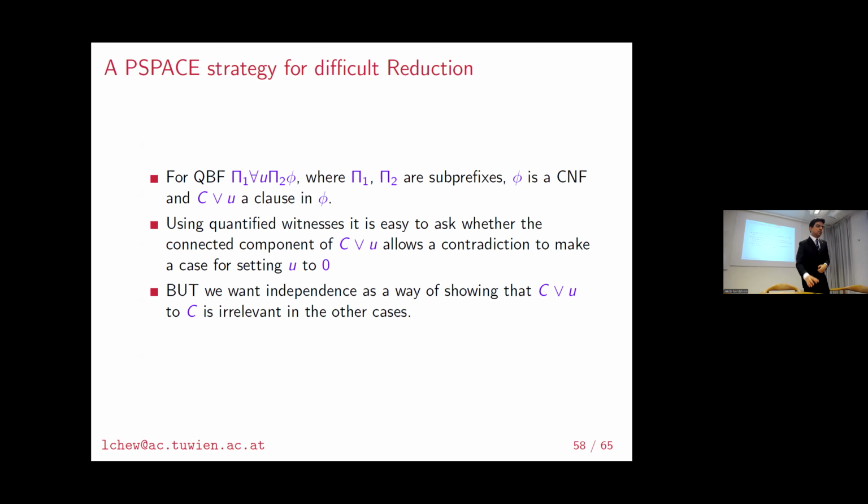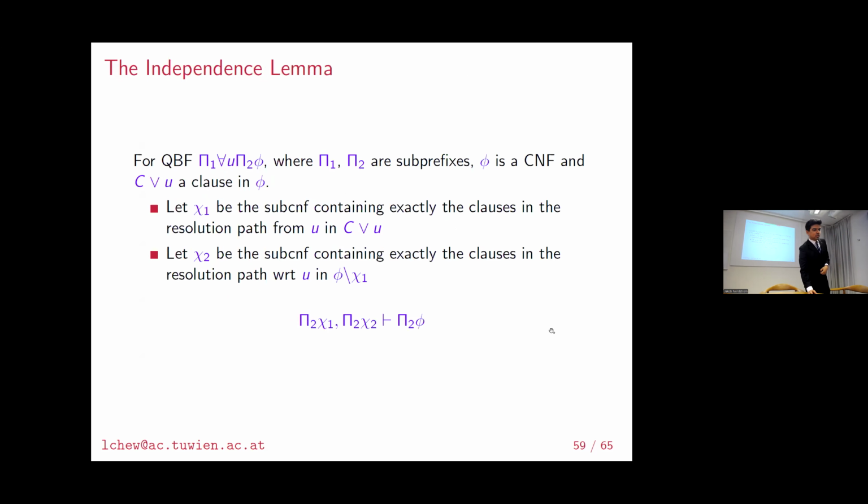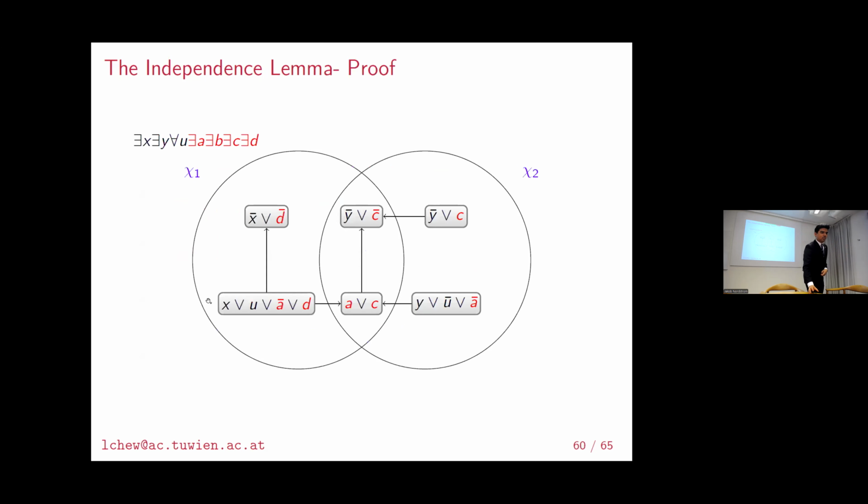But we want some sort of independence as a way of showing that this CU is irrelevant to all the other cases of U, where we set it to true. We're then going to prove this particular sequent, which is just like the reverse of the one I showed before. It's saying that if this is true and this is true, then the whole thing is true for these different path connected components.